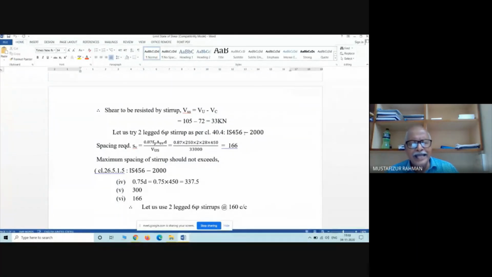So Asv is equal to n times small asv, where n is the number of legs and small asv is the area of cross section of the diameter of the stirrup. So from this we will be able to find out the spacing required. The diameter we have already considered.